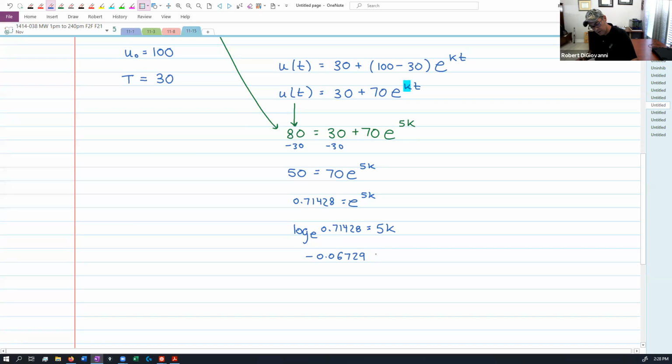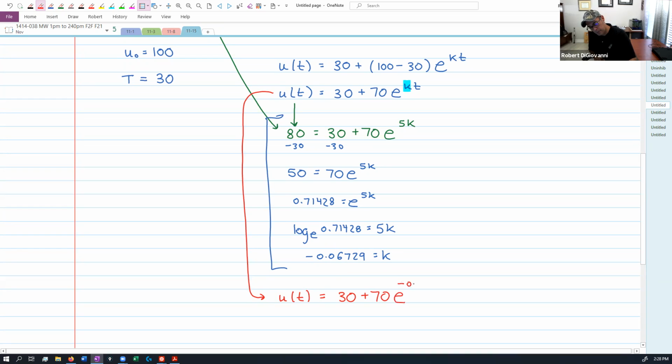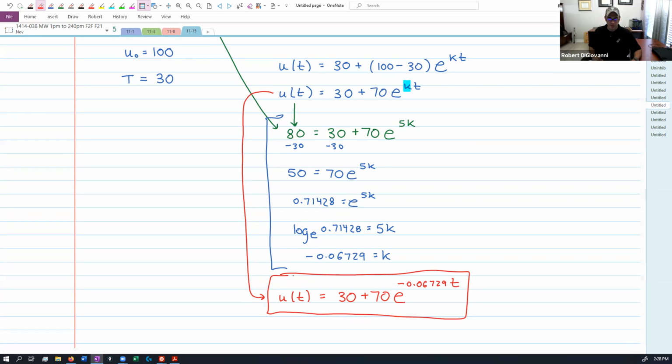There is K. So all of that I got from that second piece of information, which allows me to now take the function and replace the K with what we know. And now we have our master formula. You give me some point in time, I can tell you the temperature of this object. You tell me the temperature of the object, and I can tell you how much time it took to get there. We have all the pieces we need.